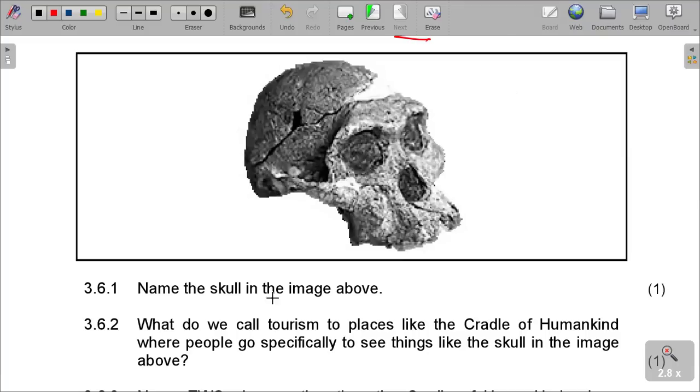Name the skull in the image above. We can say in the Cradle of Humankind, the female, it can be Mrs Ples. We can say the skull belongs to Mrs Ples. I'm sure that we can agree together there.